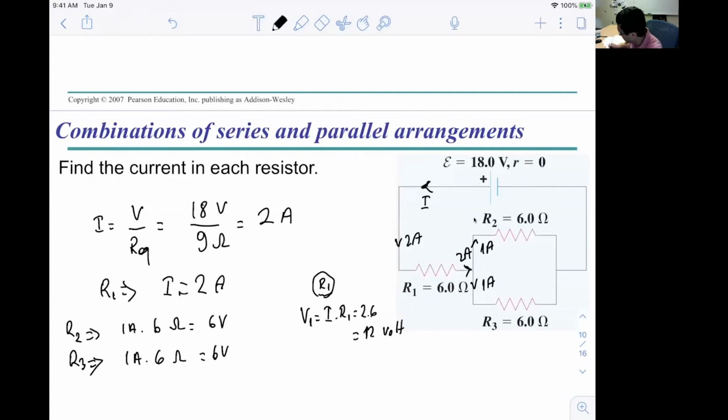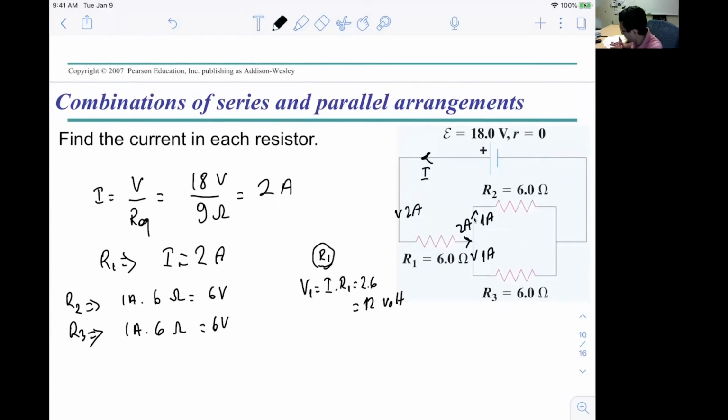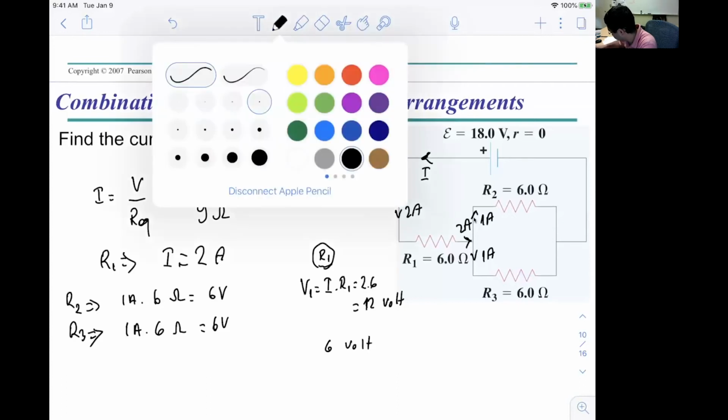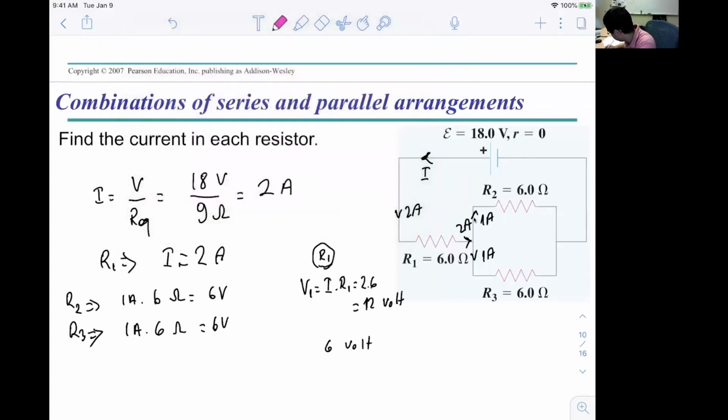So if you think in terms of potential, you have a battery giving 18 volts, and the first resistor is going to consume 12 volts, and the remaining 6 volt will go on this side. So this part is going to have 6 volt.